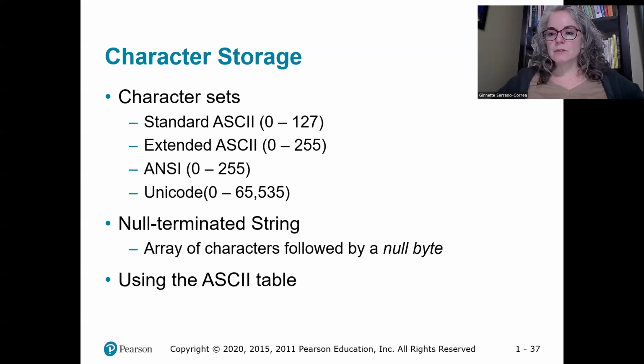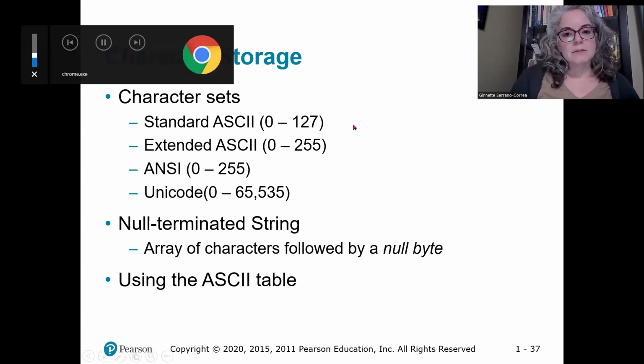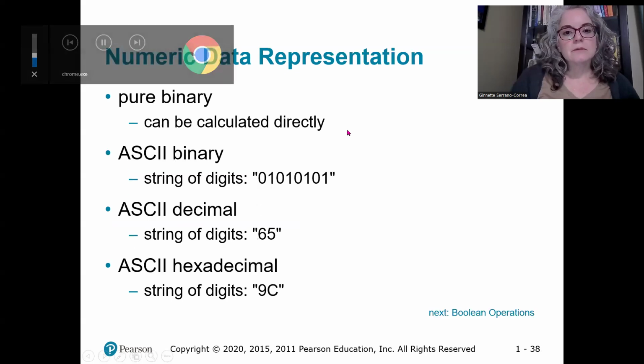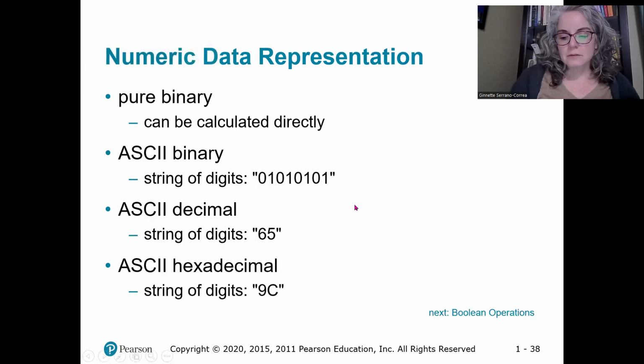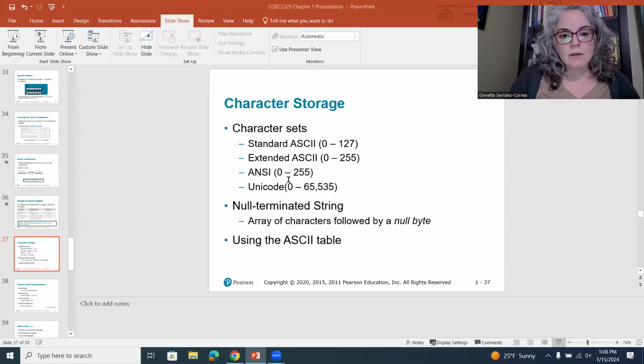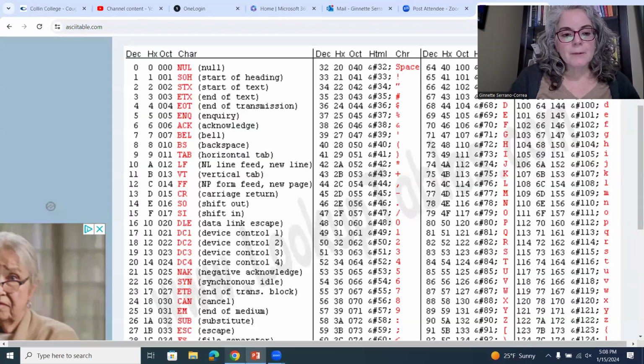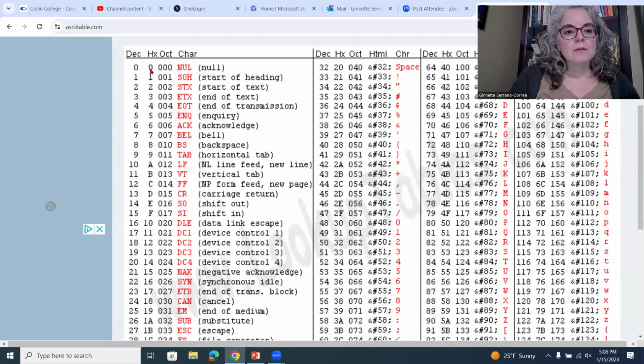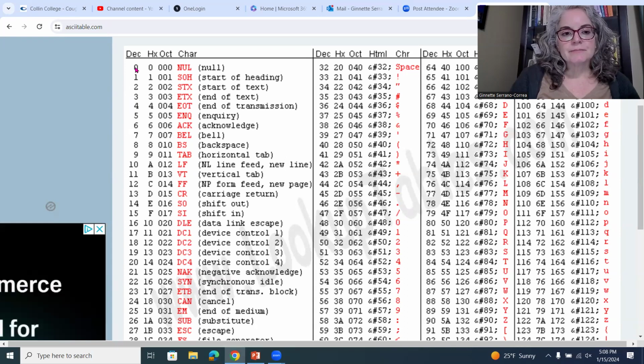A null is sometimes represented by the word NULL, or if we look here, null is decimal 0. That's how we represent that null character that terminates a string.